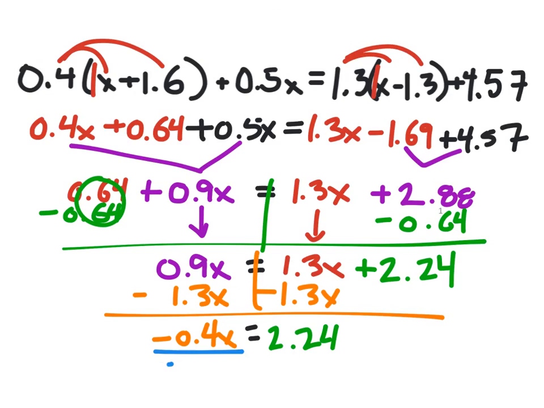I'd rather have 1x, so I'll divide by negative 0.4. But again, whatever you do to one side, you got to do to the other side. So I will need the calculator for this one. 2.24 divided by negative 0.4 is negative 5.6.